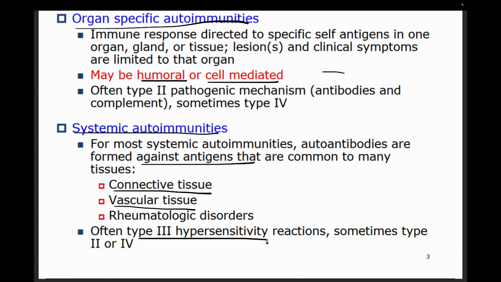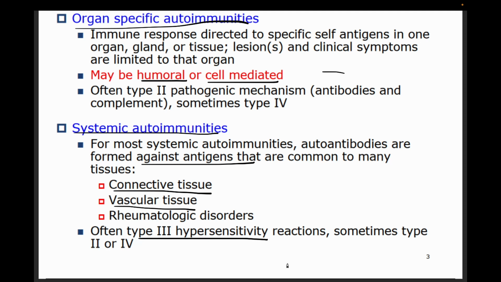شنو كان type 3 hypersensitivity؟ الانتيجين is considered to be soluble, not on a cell, not attached to a cell, not a part of the cell. التايب 2 مثل ما قلنا we have a fixed antigen on a cell. اما type 3 hypersensitivity we have a soluble antigen by itself circulating around the blood. فبالتالي اللي راح يصير انه antibodies will bind to these antigens, will form immune complexes and will deposit in many tissues around the body.